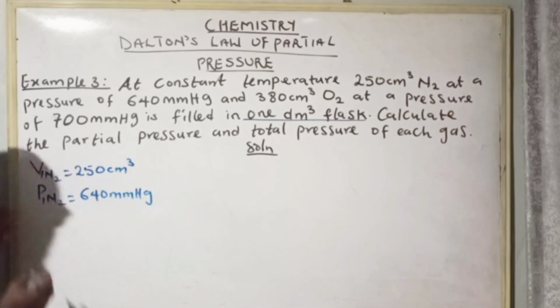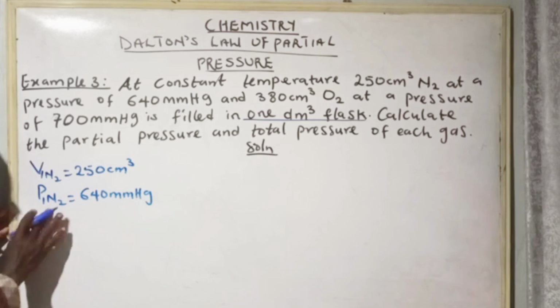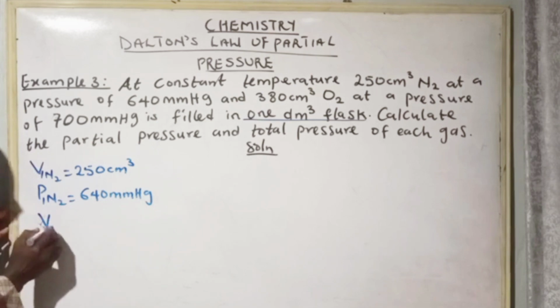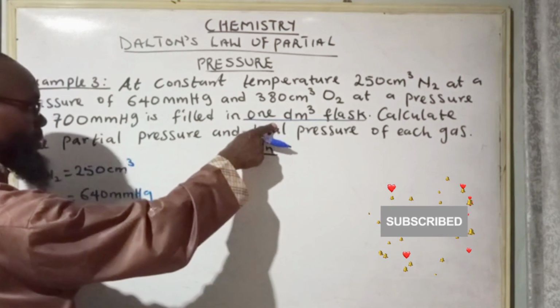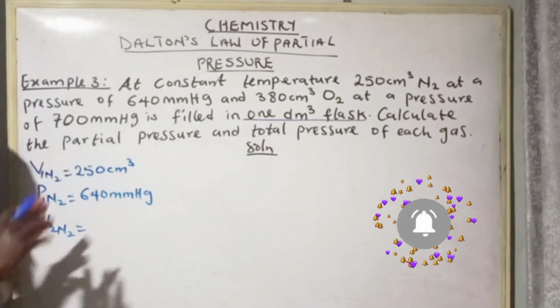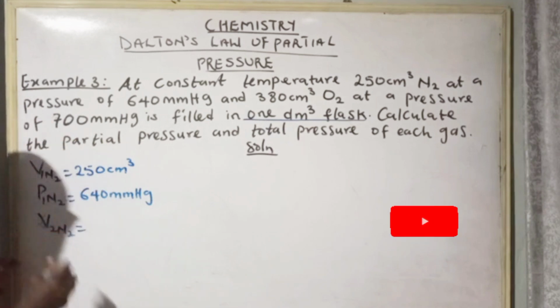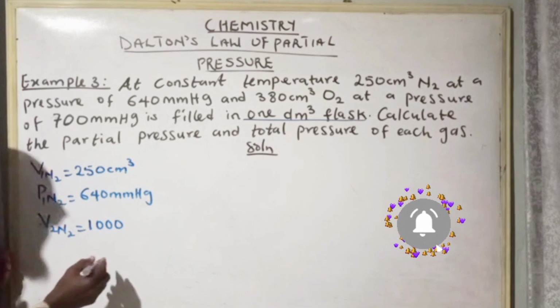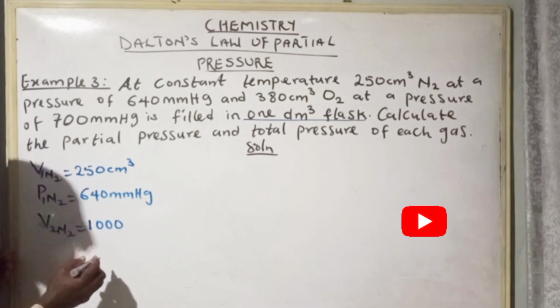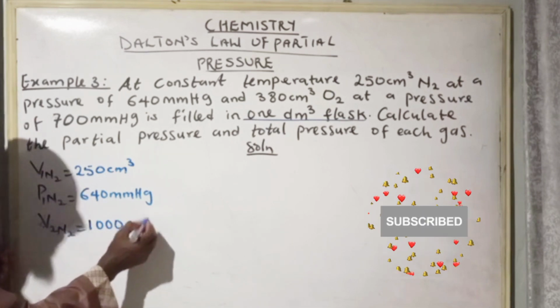Now V2 of nitrogen is this 1 dm cube. You know, they occupy a 1 dm cube flask, which is 1,000 centimeter cube.